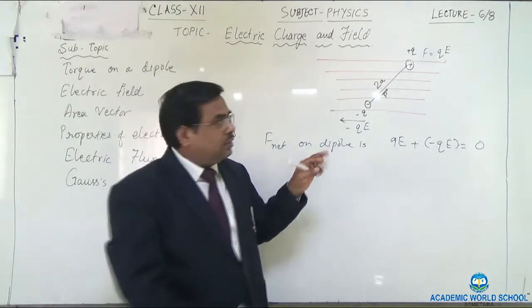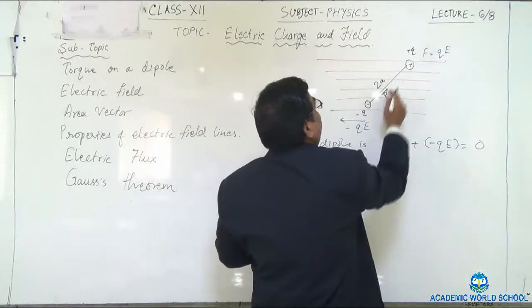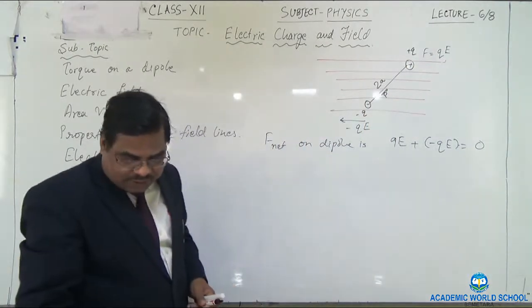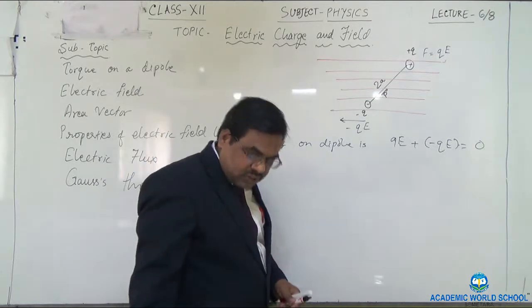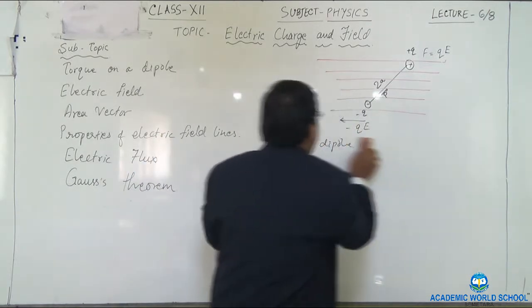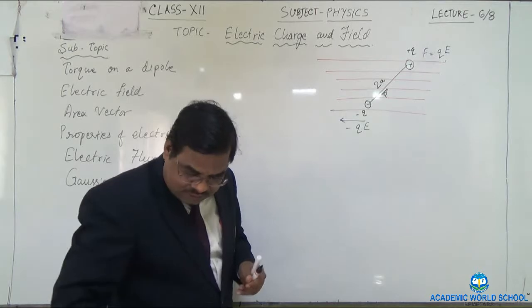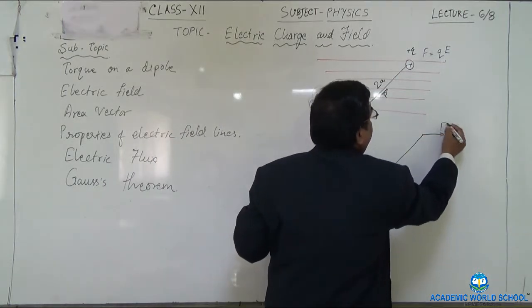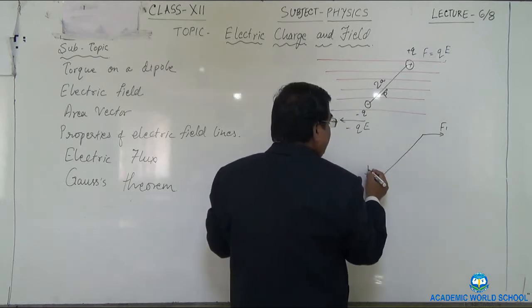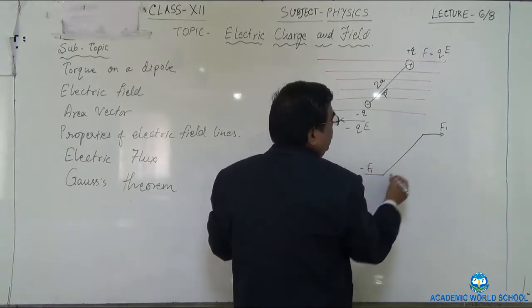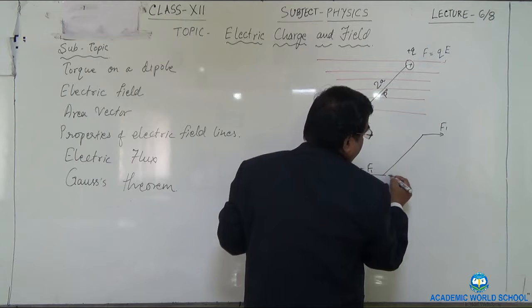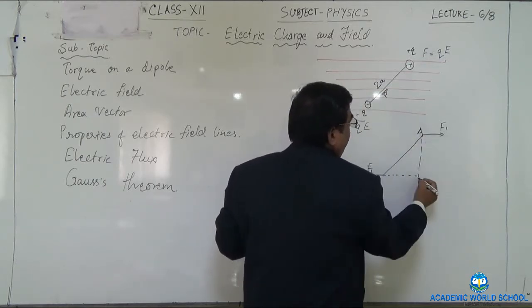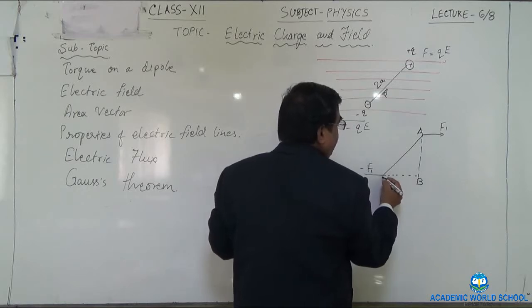But there is a separation between the two forces. If I draw the diagram, it is like this. The two forces are F1 and minus F1 and they are at a distance of AB.